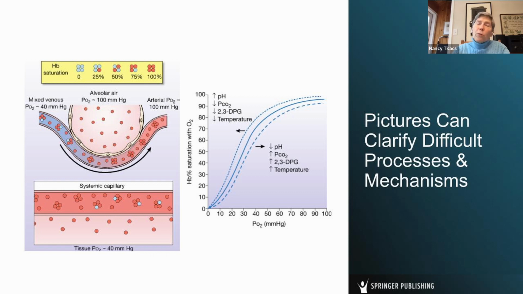And that relationship shifts, as we know. If there's a change in local pH, PCO2, 2,3-diphosphoglycerate, or changes in temperature, you can have a shift of that dissociation curve to the right or to the left. So these are things that we teach with both words and with pictures.